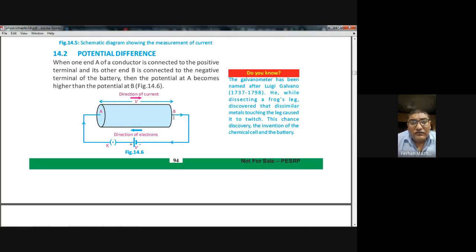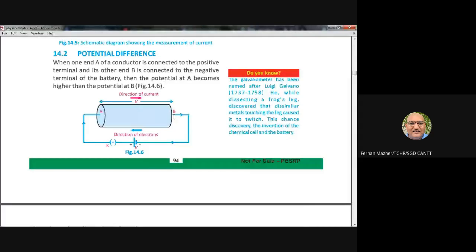So if 3 coulomb charge has flown from A to B, and during that 15 joules of electric energy is converted into other form of energy, and somebody asks you what's the potential difference between A and B, that will be the energy which is converted divided by the amount of charge which is flowing from there during that duration. So that will be 15 joules divided by 3 coulombs, and the answer will be 5 volt, V-O-L-T, volt. 5 volt will be the potential difference.